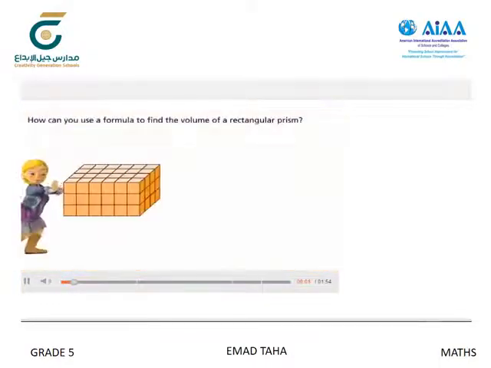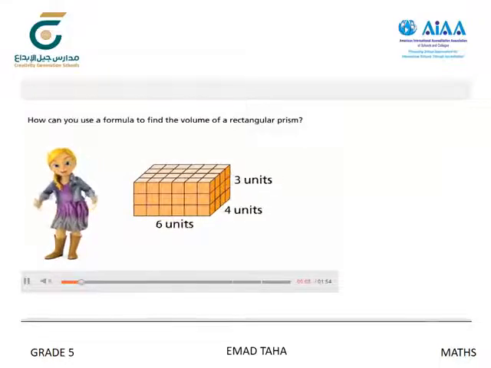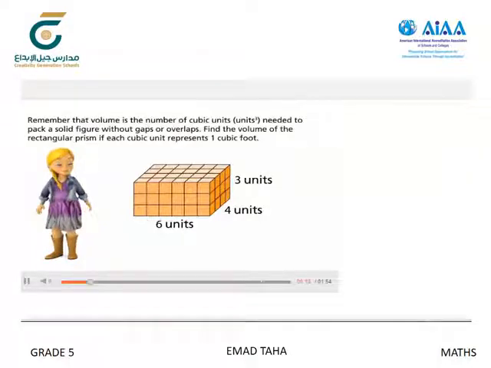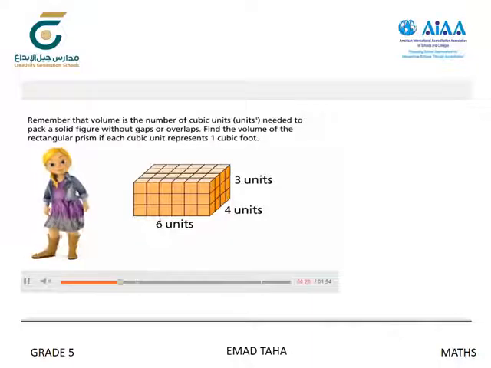How can you use a formula to find the volume of a rectangular prism? Let's find out. Remember that volume is the number of cubic units needed to pack a solid figure without gaps or overlaps. Find the volume of the rectangular prism if each cubic unit represents 1 cubic foot.